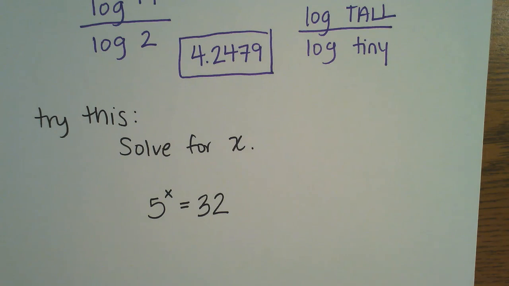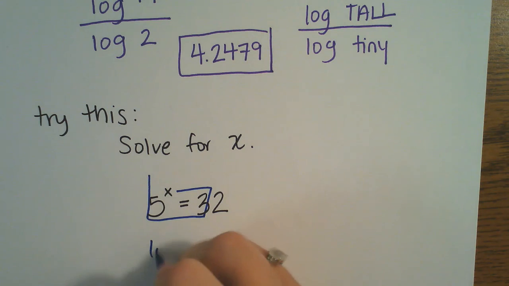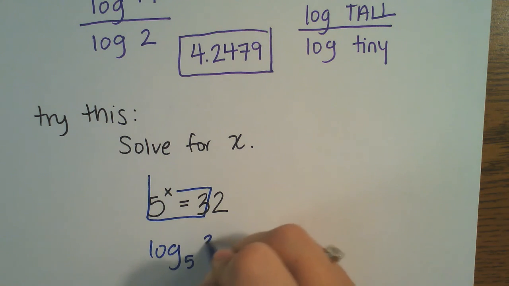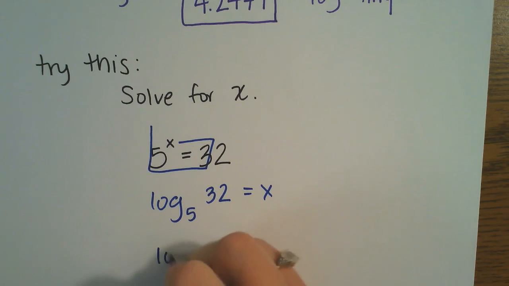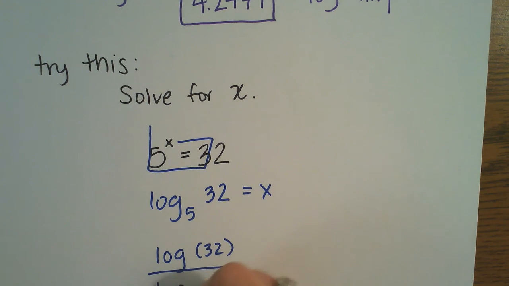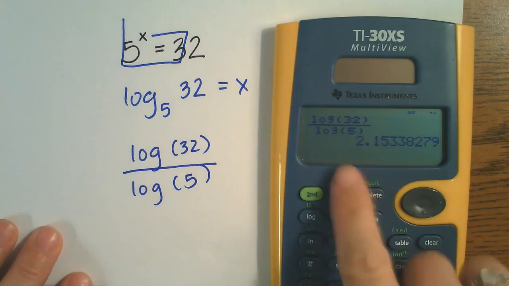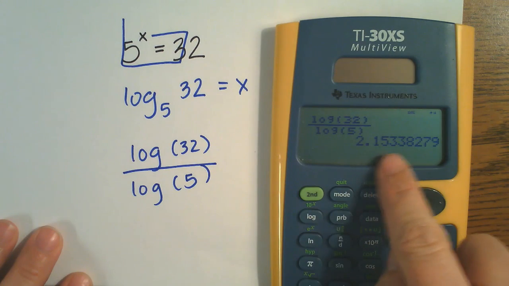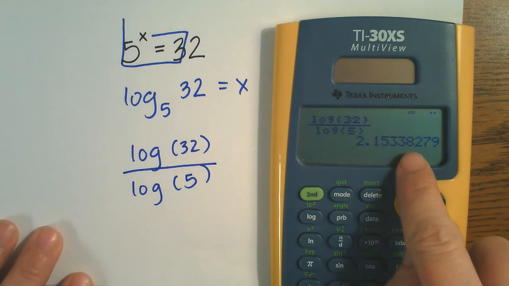Okay, hopefully you tried it. Log base 5 of 32 equals x. So we'll do log 32 over log 5. And when I do that, 1, 2, 3, 4 decimal places, but the number next to that 3 right there is an 8.